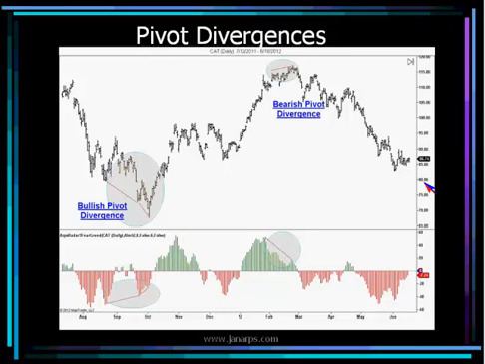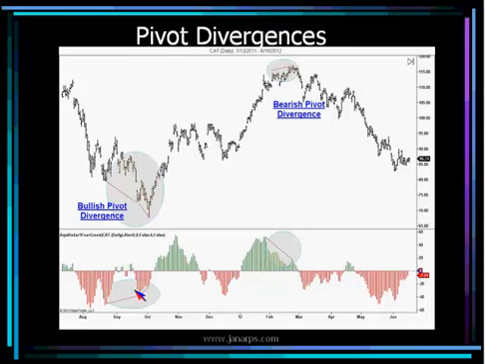I talked about divergences, and I don't want to go into a lot of divergence theory at this point in time because, again, we talked about that in the Consistently Profitable Trade Setups webinar at www.janarps.com. But for those of you that are not familiar with divergences, a quick primer: when you identify lower lows in the price and higher lows in an oscillator like the Radar 1 Fear Greed indicator, you have identified a bullish pivot divergence.